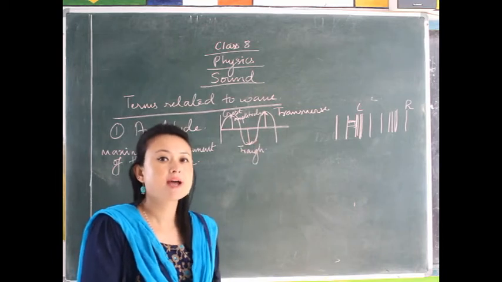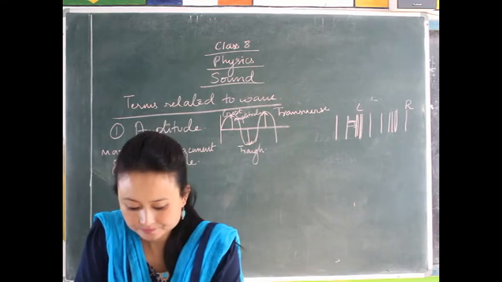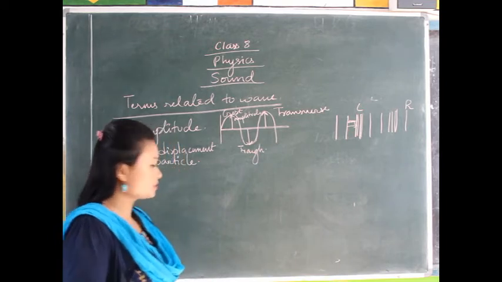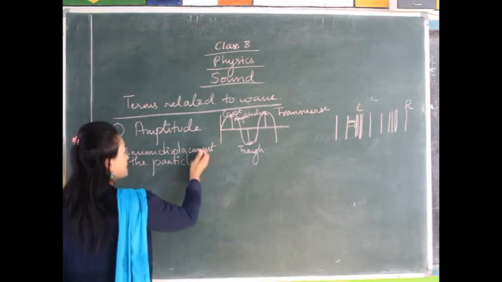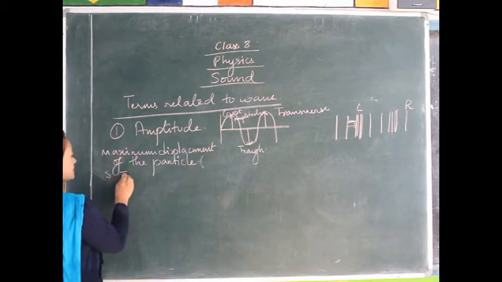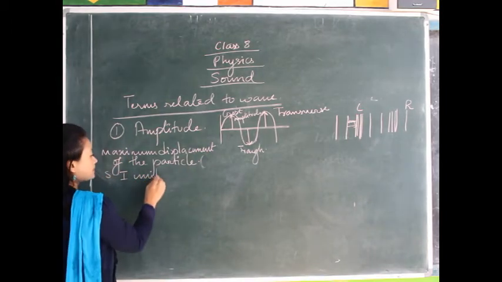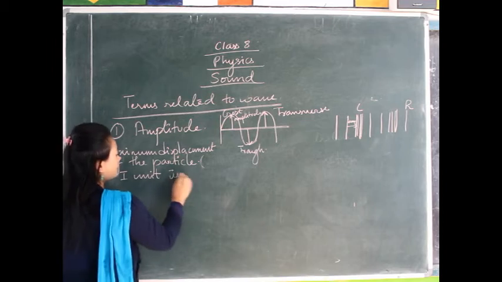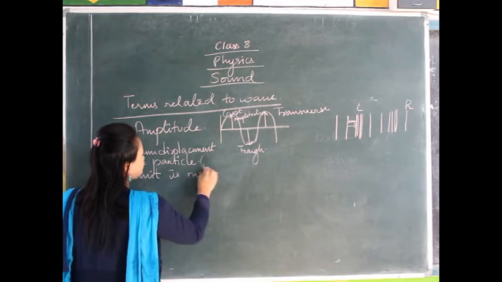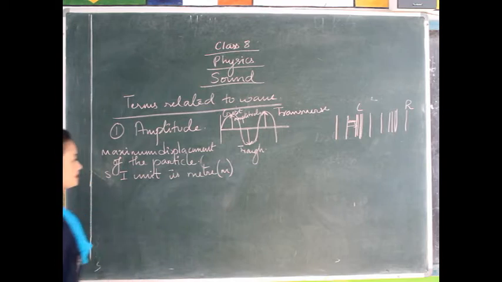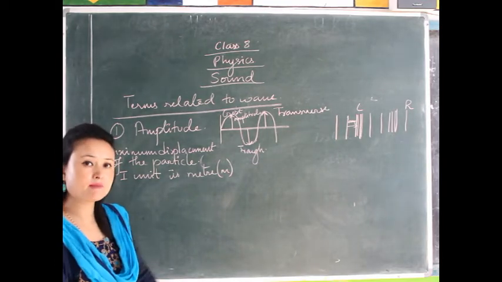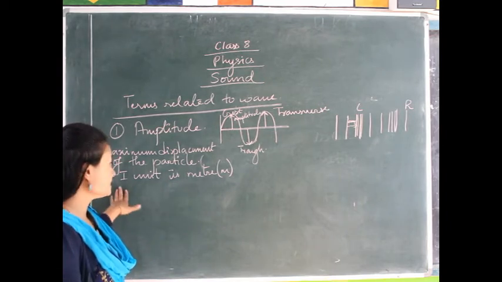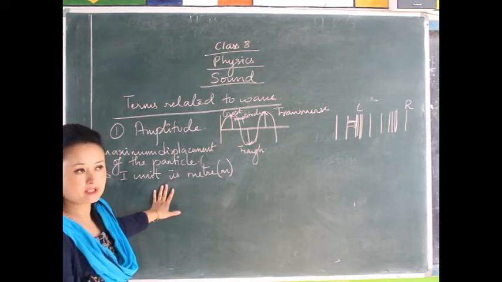And since amplitude is a displacement, its SI unit is the same as displacement, which is meter, represented by small m. So the maximum displacement of the particle, in SI unit, is meter.